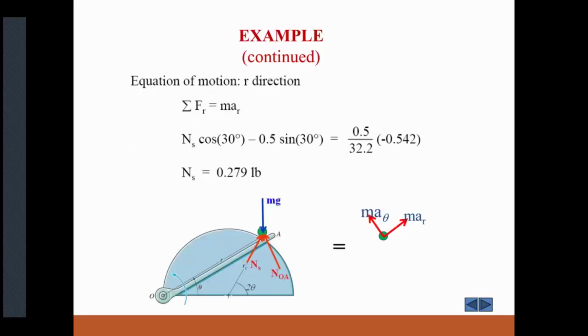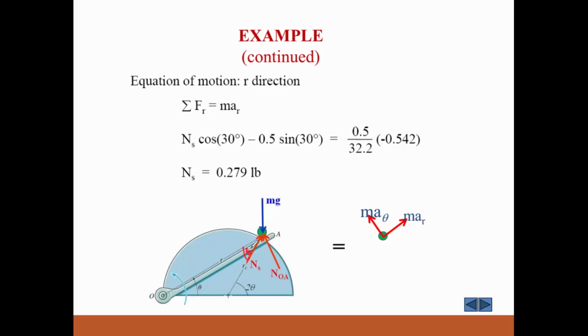And then we form the equation of motion in the r direction and also in the theta direction. Okay, so according to this, we have this is angle theta. So when we decompose Ns into the r direction, that is over here, this is the r direction, and perpendicular to this is the theta direction.